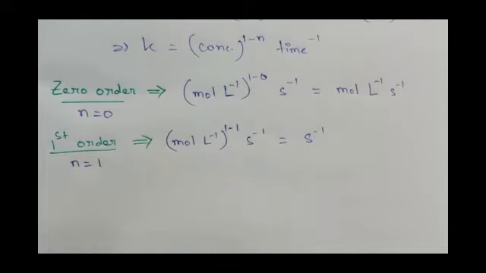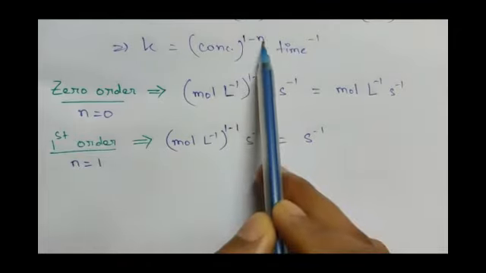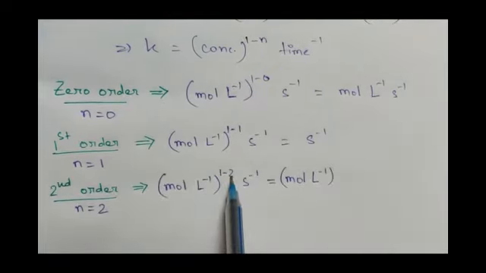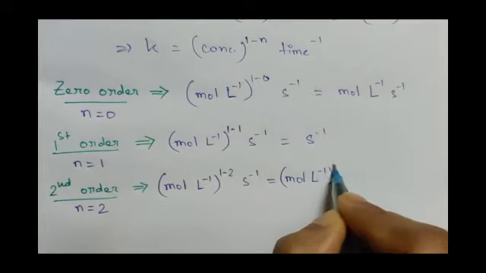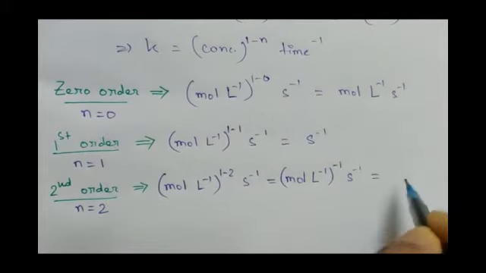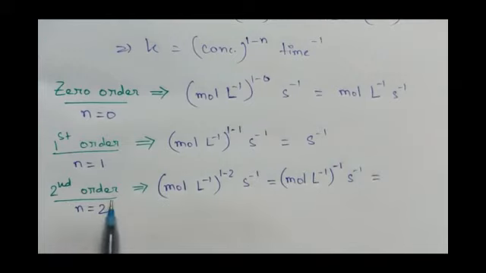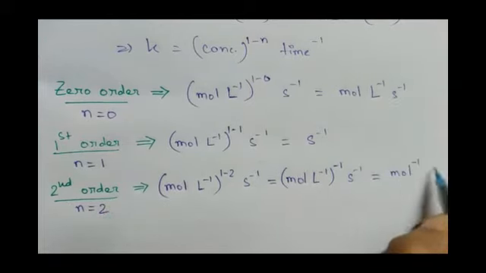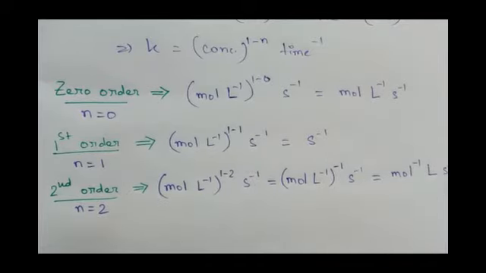Now for the second order reaction, this n is 2. Putting the value of n as 2, the power will turn -1, and again second inverse is there. So ultimately the unit for the second order reaction will be mole inverse liter second inverse. Clear?